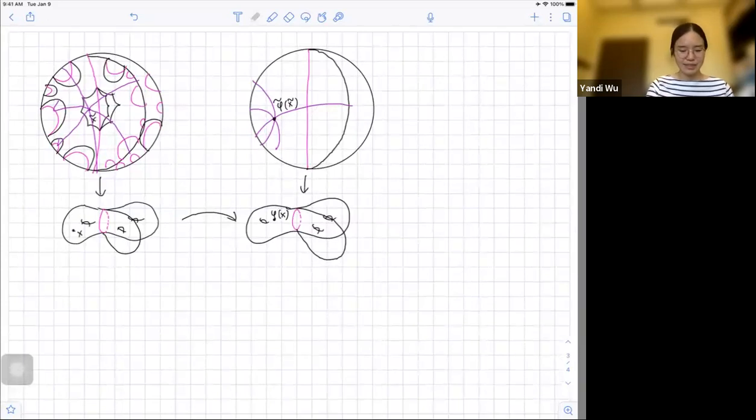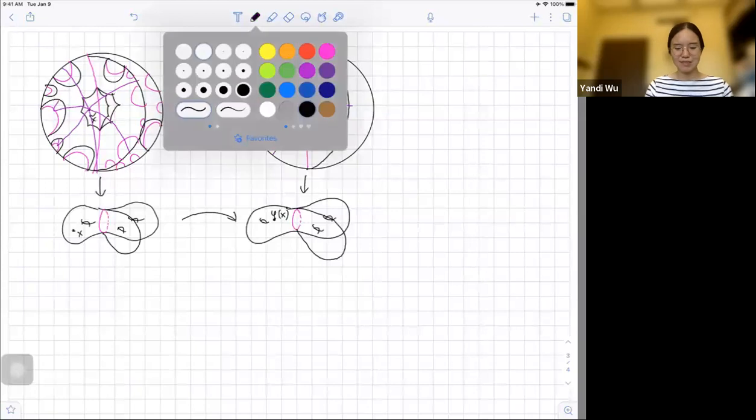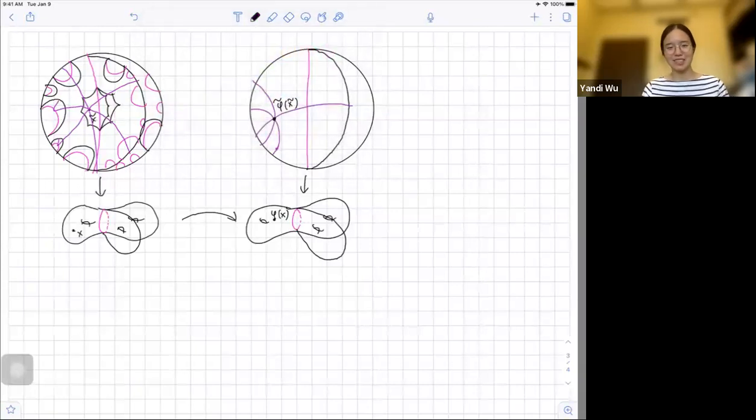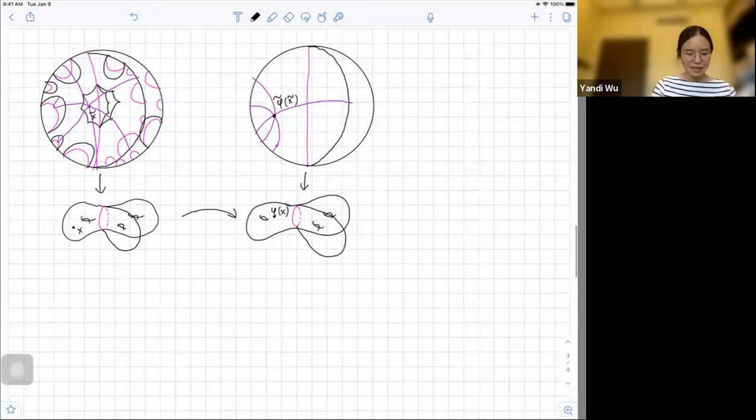And then I think I have about 9 minutes left. So I'm just going to explain one of the key tools that I use, which is geodesic currents. I think these are really cool, so I like to talk about them.